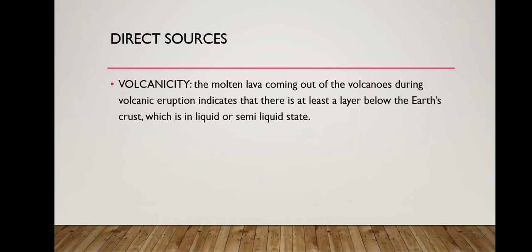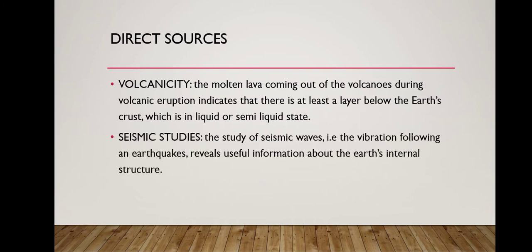Next are direct sources. Volcanicity. The molten lava coming out of the volcanoes during volcanic eruption indicates that there is at least a layer below the Earth's crust which is in a liquid or semi-liquid state. Seismic studies.